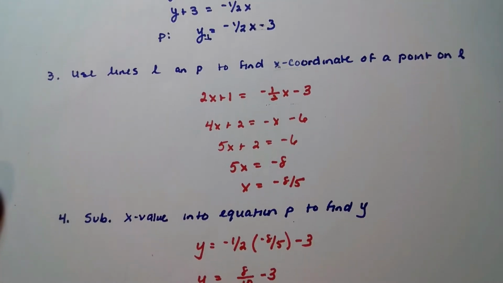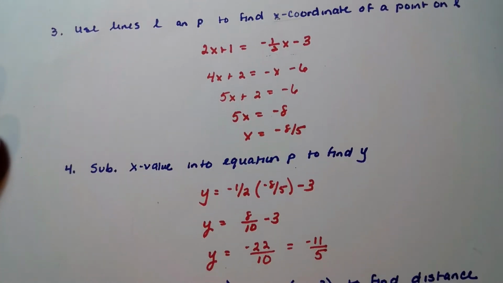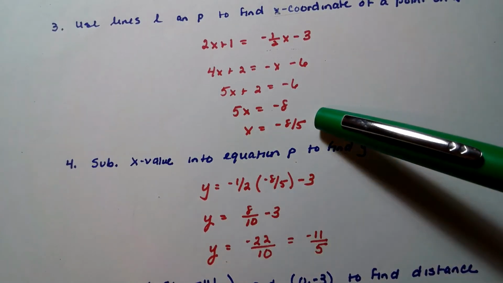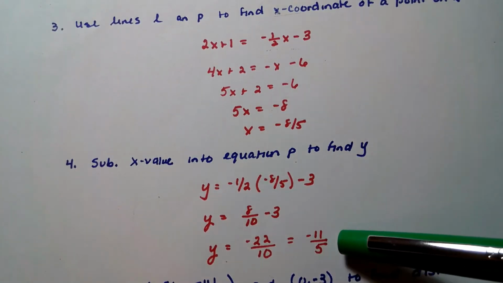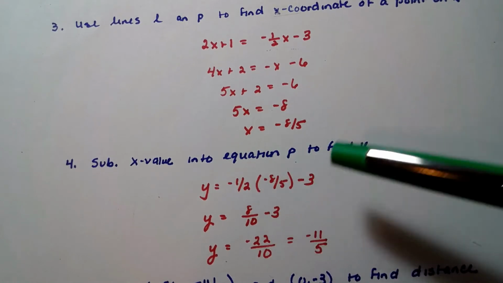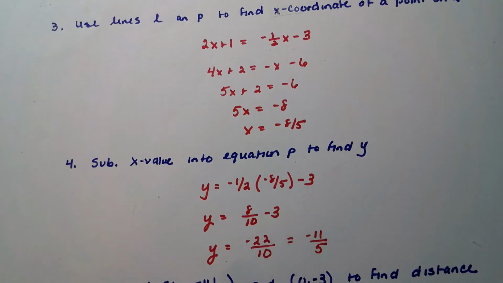Okay. Now I need to find the y coordinate. So the easiest thing to do is to just substitute this x value into the equation for the perpendicular line, which was -1/2 x minus 3. So when I substitute that x value, I get a negative times a negative, which is going to give me a positive result. 1 times 8 is 8 in the numerator, and 2 times 5 is 10 in the denominator, minus 3.